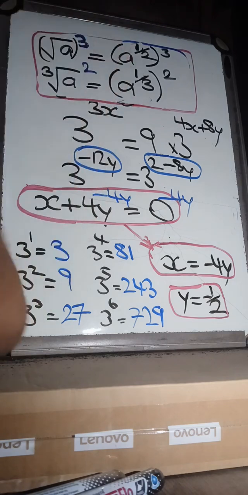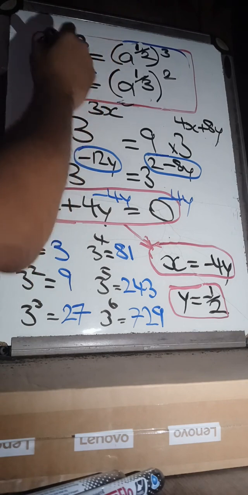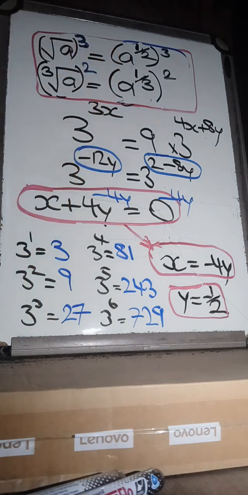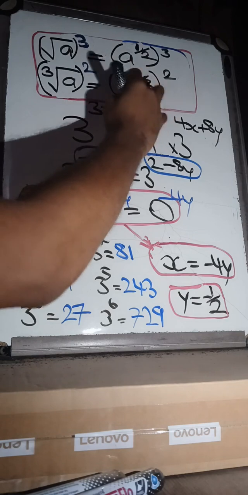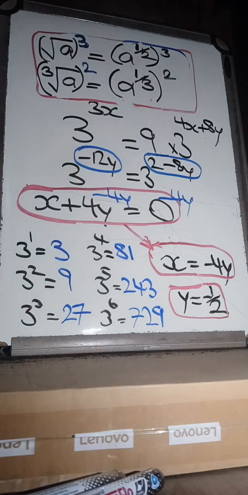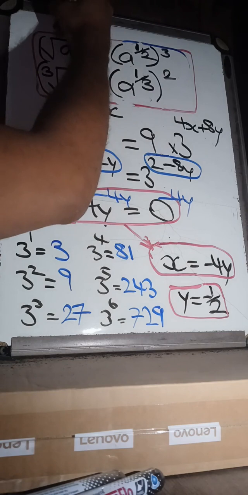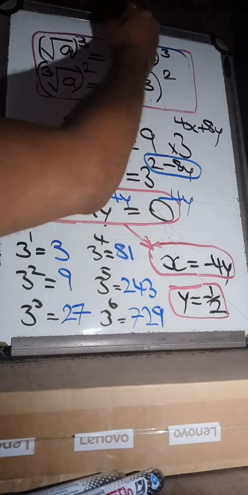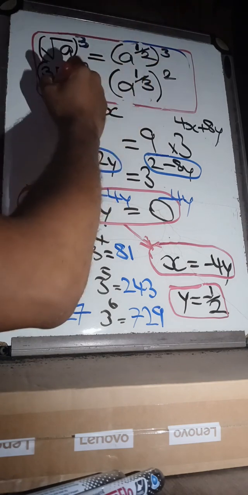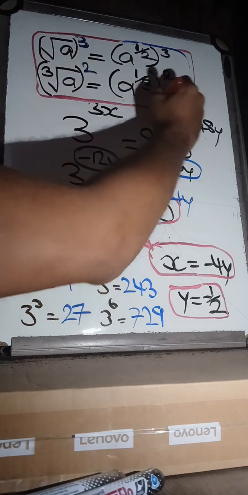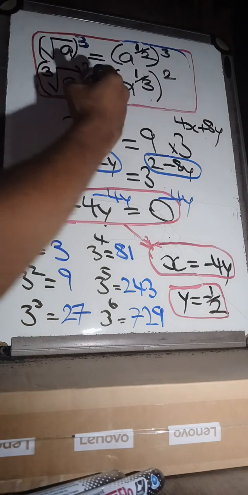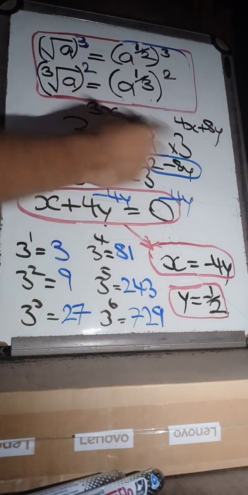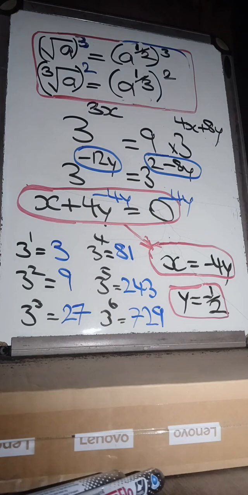Cube root it first, square it after. So we want to be doing that. So a lot of this context is necessary for when we go into these kind of questions here.